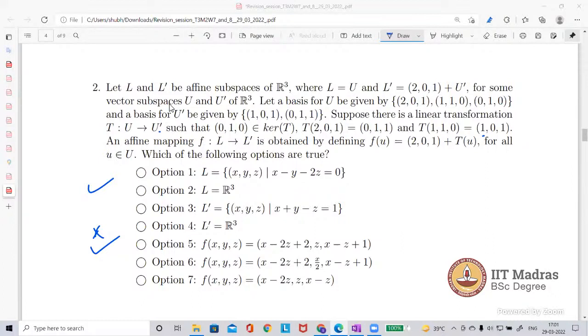Option 3. Sir, which option is wrong? First is wrong. Okay, option 2 is correct.